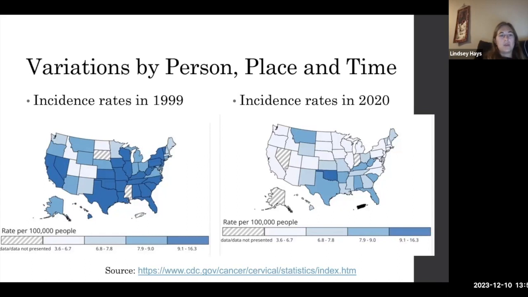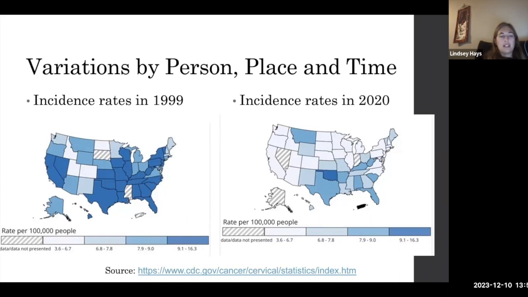And by age, women between the ages of 40 to 44 are at the highest risk of developing cervical cancer, at a rate of 14.2 out of 100,000 people. Women between the ages of 20 to 24 are at the lowest risk, at a rate of 0.4 out of every 100,000 people.